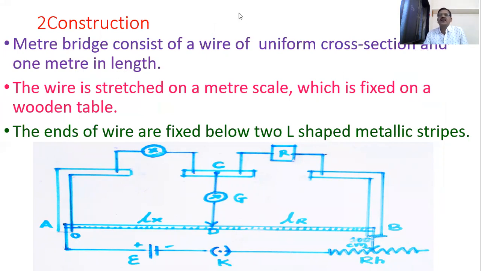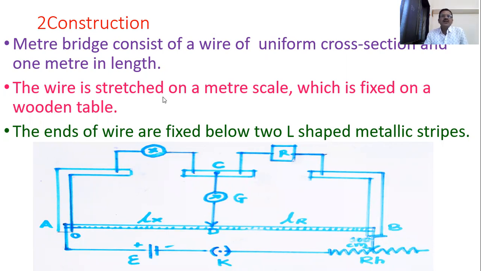Here, this is the wire AB, and this wire is of 1 meter length and it is uniform. Therefore it is called a meter bridge.